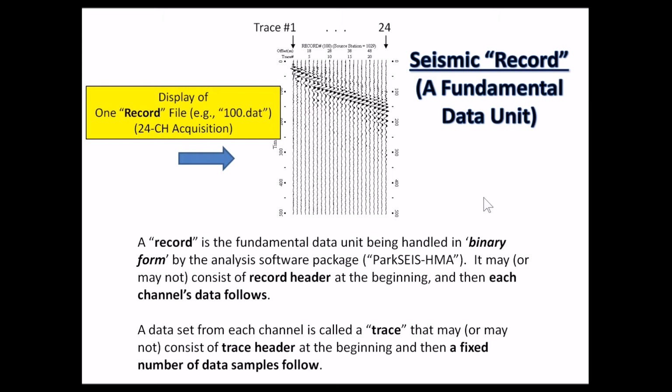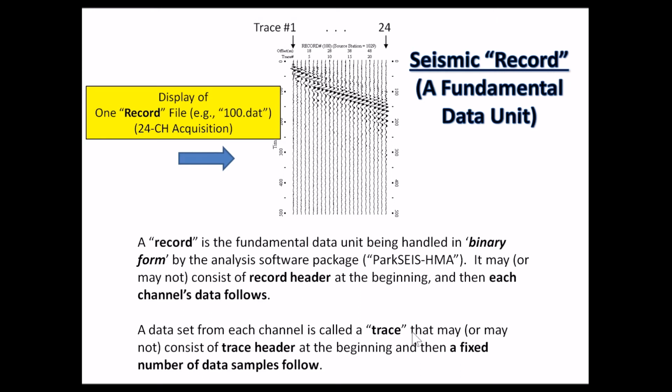And then follows each channel's data set. Each channel's data, the display of each channel's data, is called the trace. So a display of one record from a 24 channel acquisition will consist of a display of 24 traces like this.